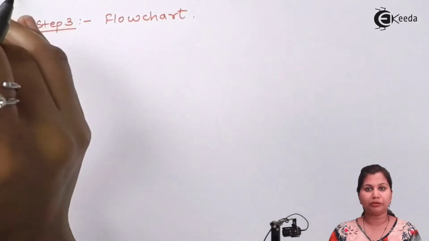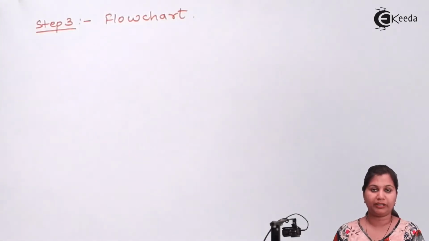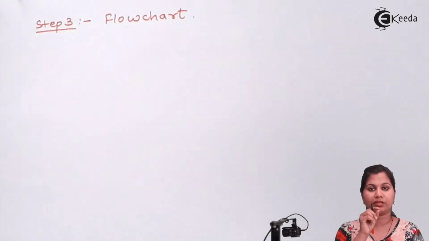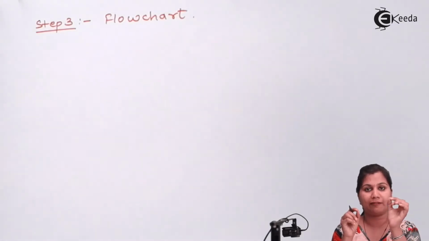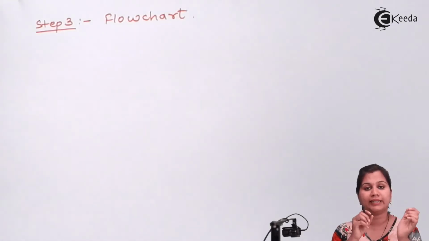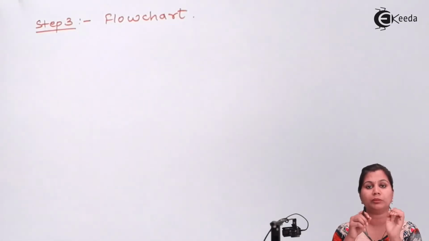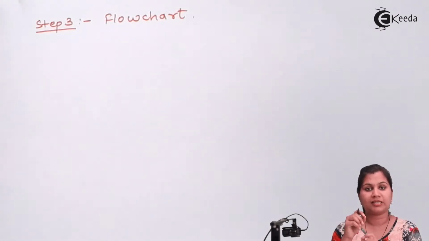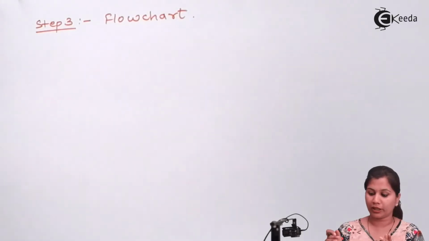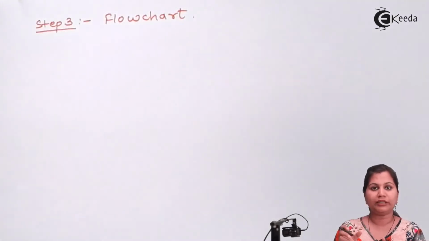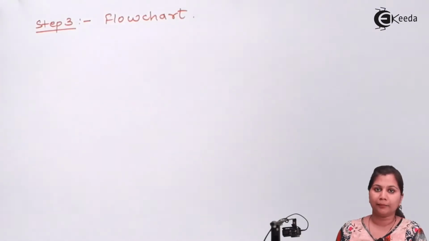So in step number 3, you will draw the flowchart for it, that this will be my first step, this will be my second step. First I will take the input, then I am going to add those two numbers, then I will display the result, then I will transfer the result to that location. Okay, so in the flowchart you will define the sequence of solving that problem.